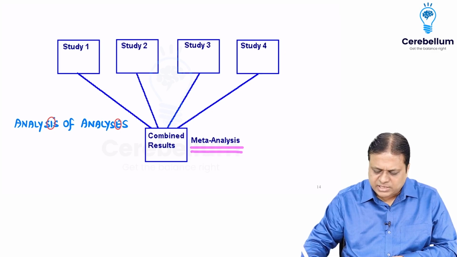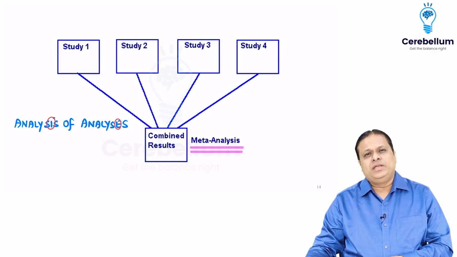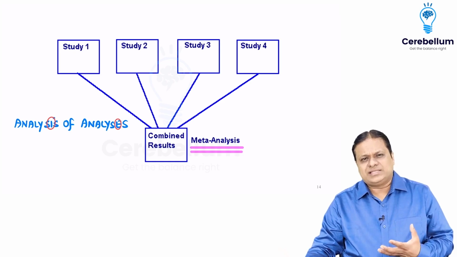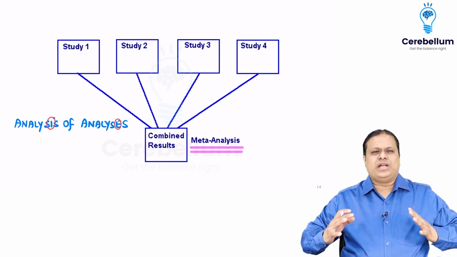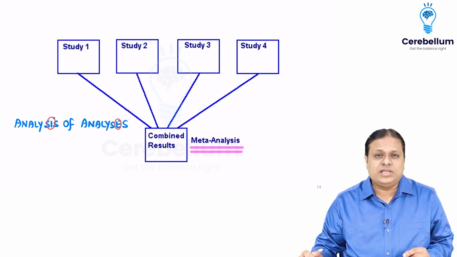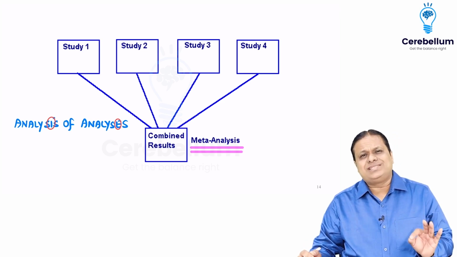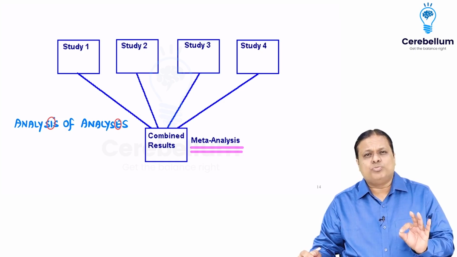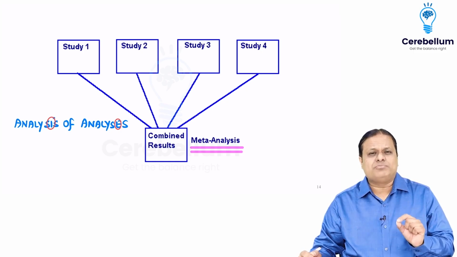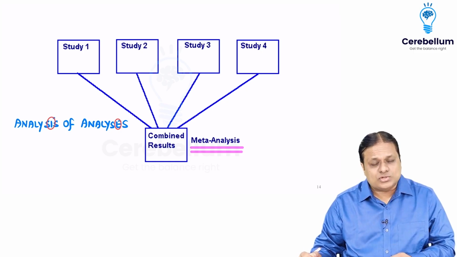Multiple studies are analyzed together. Now meta-analysis has several advantages. You do quantitative synthesis of all the results. So this is the best study design, the most superior study design. It is kept at the top of the evidence-based medicine pyramid also.